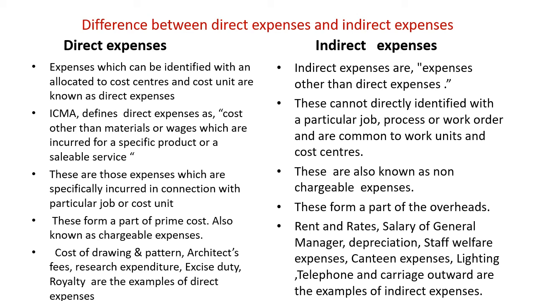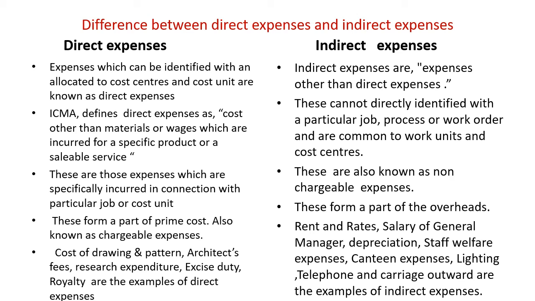The other part is indirect expenses. Indirect expenses are expenses other than direct expenses. These cannot be directly identified with a particular job, process or works order, and are common to work units and cost centers. These are known as non-chargeable expenses.